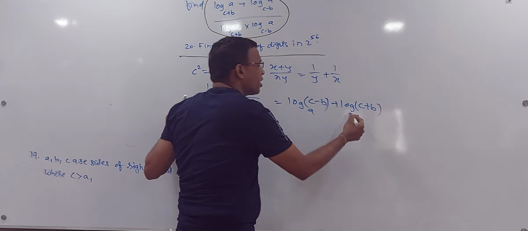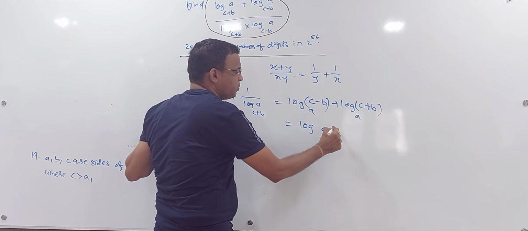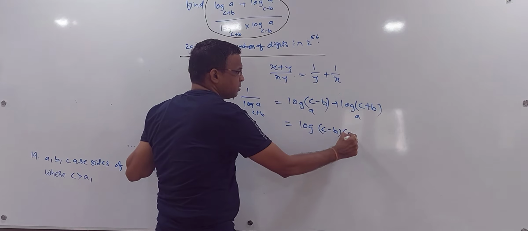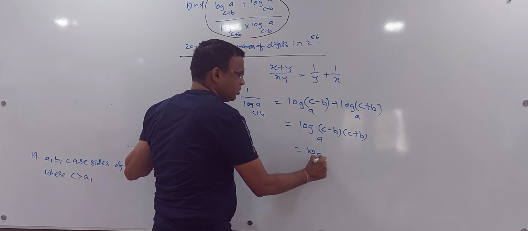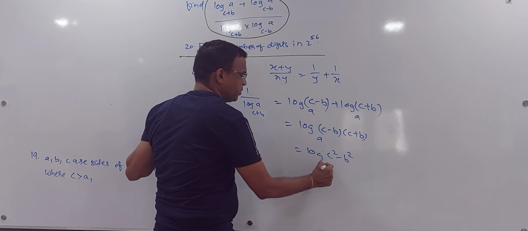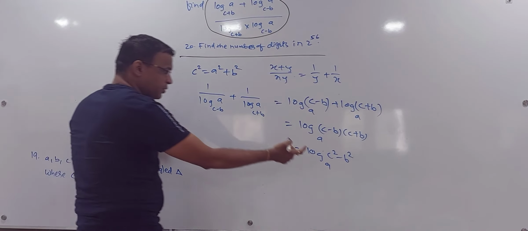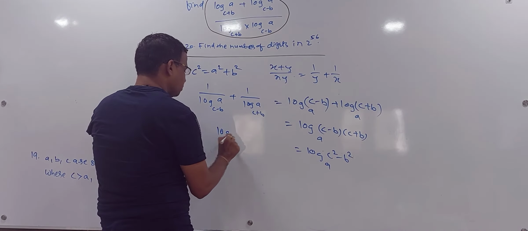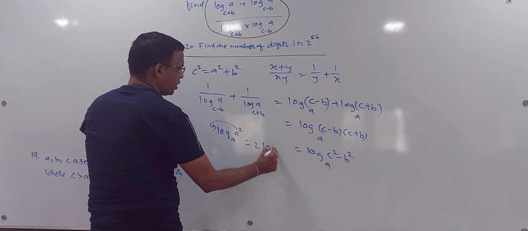So log m plus log n is log mn to the base a. So that is log of c square minus b square to the base a, and c square minus b square is a square, so it is log a square to the base a. 2 moves ahead, so 2 log a to the base a.